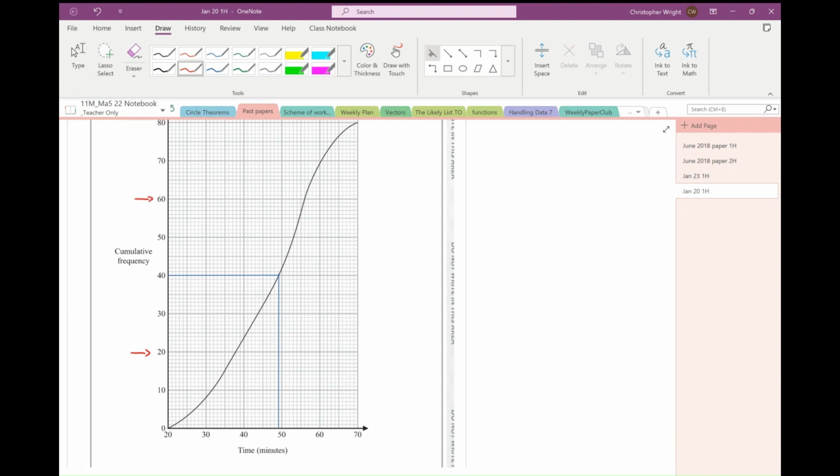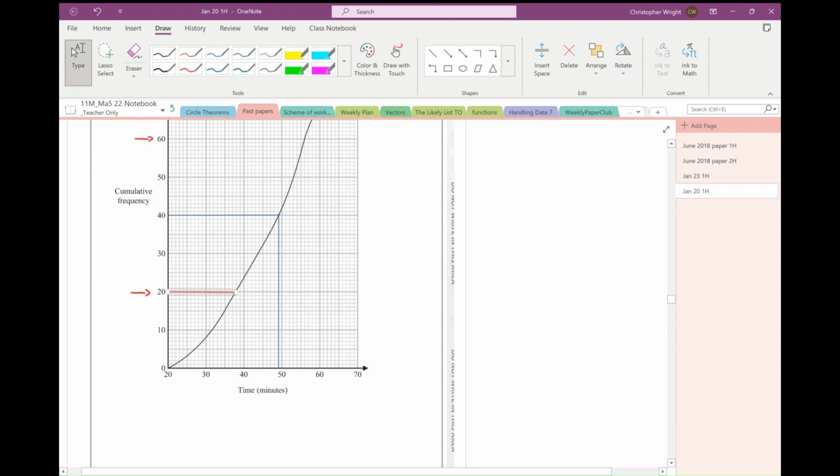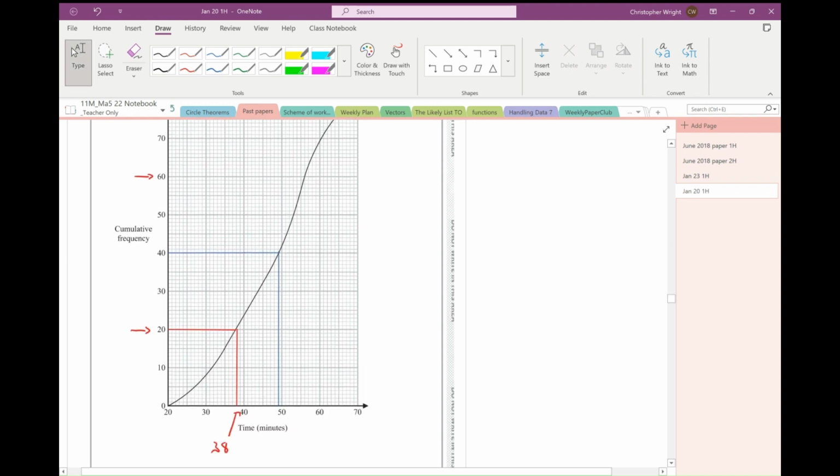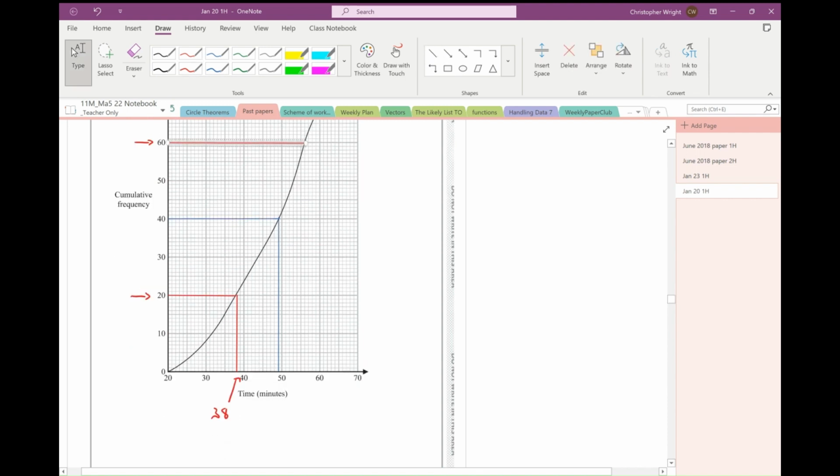So let's have a look at the 20th. So the 20th person is going to be here. So the lower quartile is 20 to 30, 30 to 40, 38, isn't it? All right. And the upper quartile is going to be however long this person has taken.